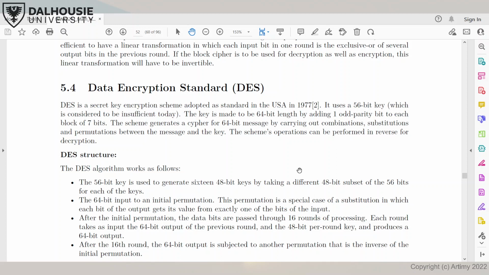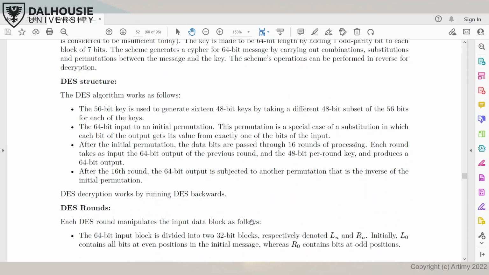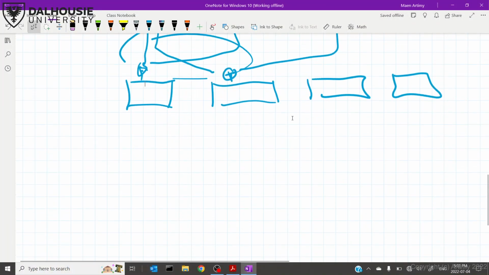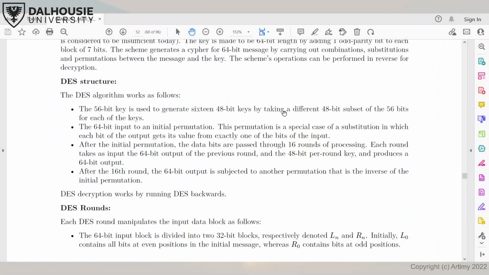All right, so how does the DES work? So first of all, the 56-bit key is enlarged to become 64. So how do we do that?